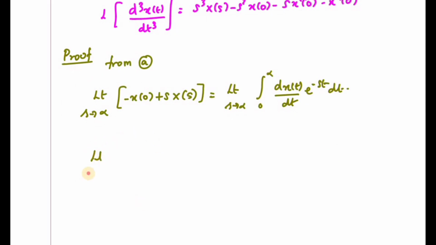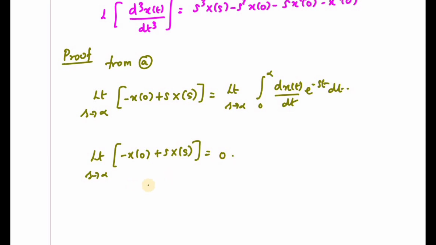So again, limit s tends to infinity of minus x of 0 plus s into x of s. If I substitute infinity for s here, this entire term goes to 0, because e power minus infinity is 0.